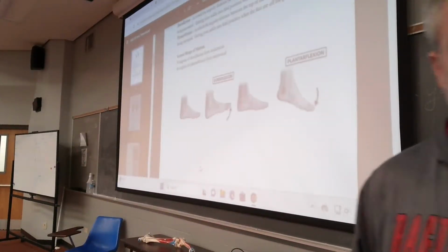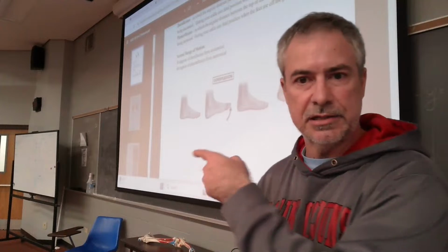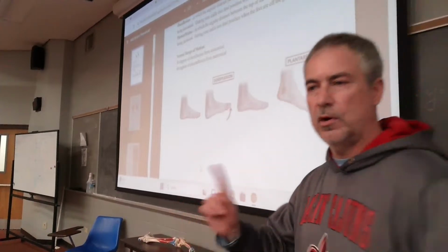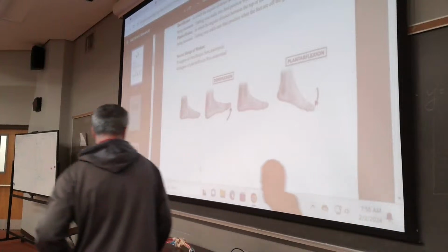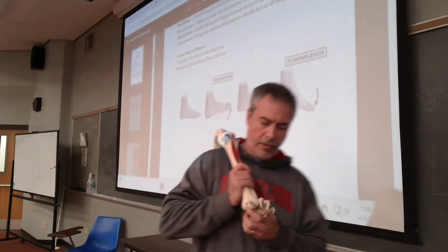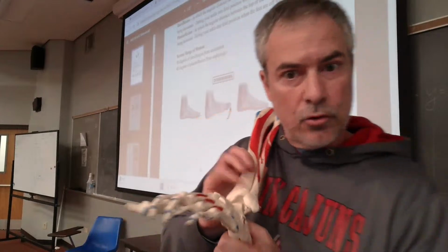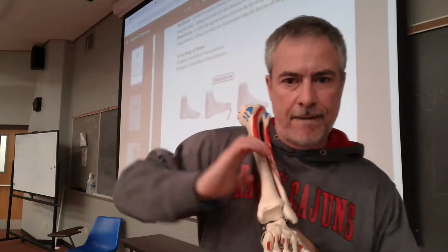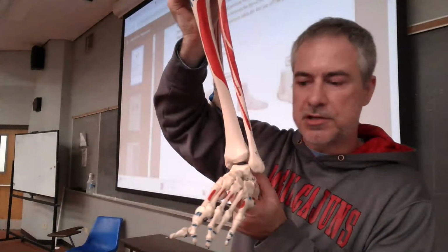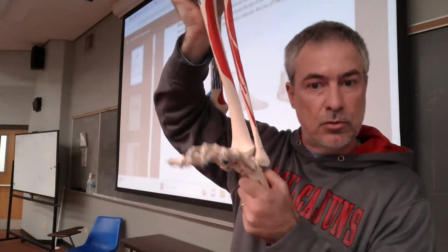I'm gonna go get the skeleton and do a quick review for those of you who are following. The ankle joint is here, how the talus fits into the mortise of the tibia and fibula. It's the wheel.